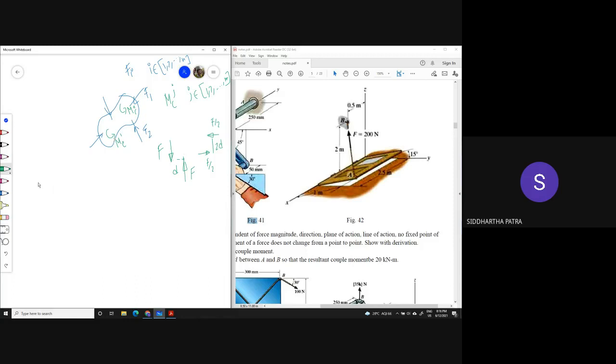Now, there is, of course, this law you all should be familiar with. This is the second law of motion. But when it comes to a rigid body, this expression has a change. This law was proposed by Sir Isaac Newton, but it is only valid for particles.